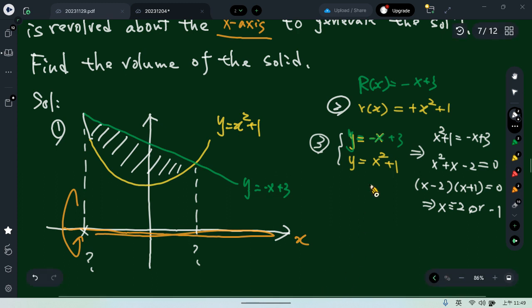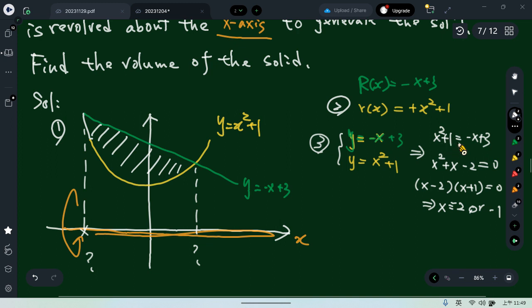Sorry, I just made some mistake. x squared plus 1 equals minus x plus 3. So we list them together.